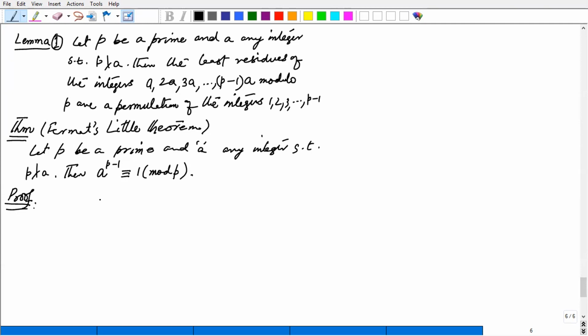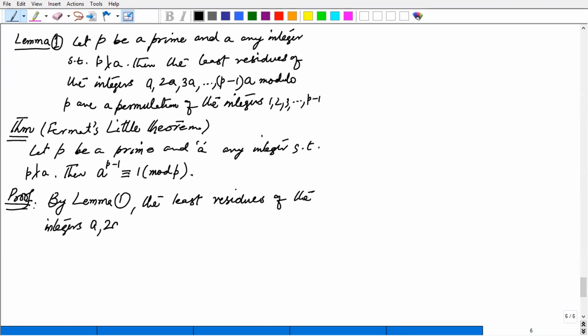By lemma 1, the least residues of the integers a, 2a, 3a, to p minus 1 times a modulo p are the same as 1, 2, 3, p minus 1 in some order.